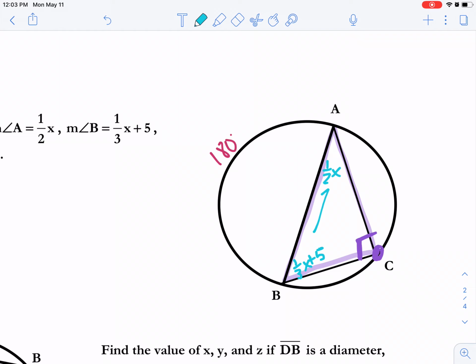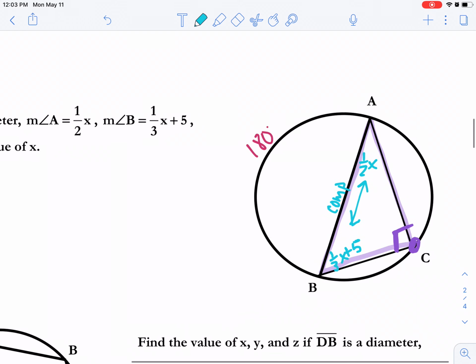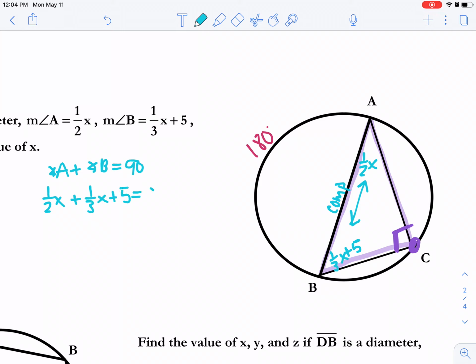Or just looking at these two acute angles, these have to add to 90. They're complementary. So knowing that information back from our triangles chapter, we can say that angle A plus angle B has to add together to equal 90. So we're going to have 1/2 x plus 1/3 x plus 5 has to equal 90.